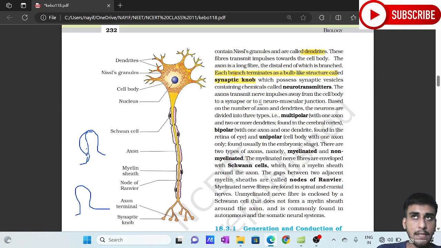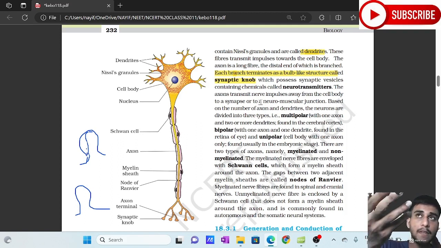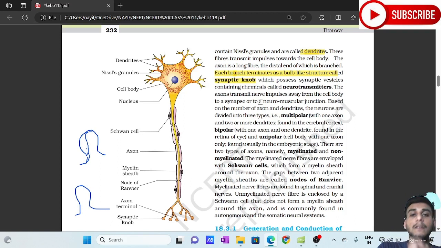I said a second ago that this knob-like structure helps in the release of certain neurotransmitters or chemical molecules, which bind to the dendrite of the postsynaptic neuron, which means the next neuron, so that these chemicals will make some changes in the cell body near the axon hillock, which will create a nerve impulse in the next nerve cell, and then the signal will be conducted.